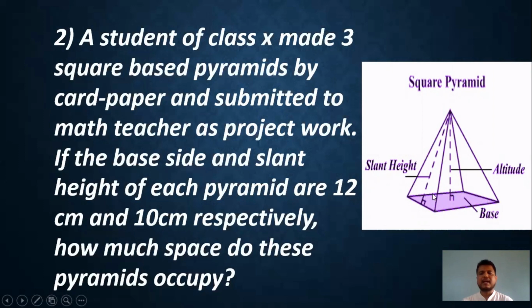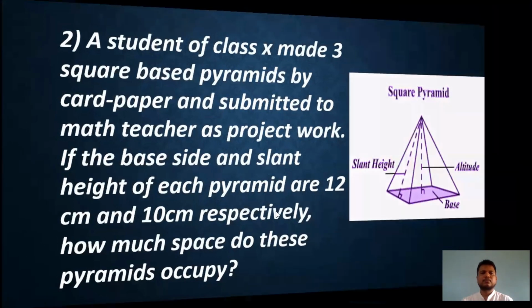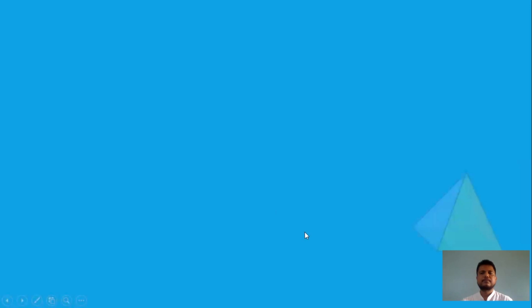Means I can draw altogether 4 slant heights in a square base pyramid, and you have to understand that the slant heights are equal. Now let us go towards the solution. I have 3 square base pyramids, and these 3 pyramids are identical to each other.